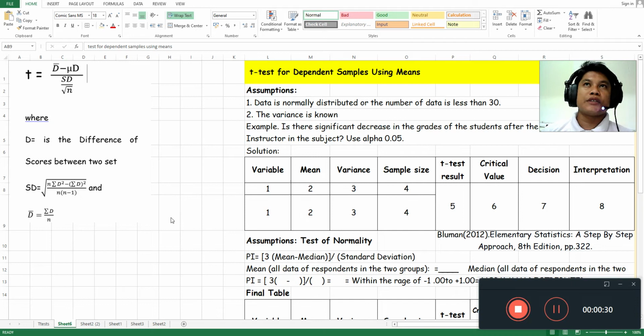Usually in the educational setting, for example, for those who are studying whether the approach, the program, or the strategies implemented by the teachers to the students is effective or not effective, or how effective that is, whether it gives changes to the score of the students, then this test will be used, the test for dependent samples.